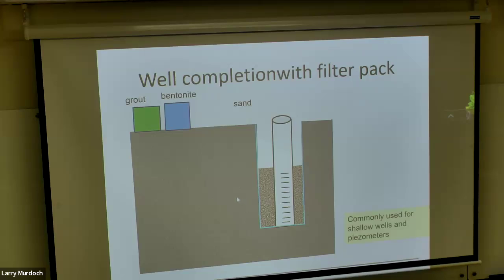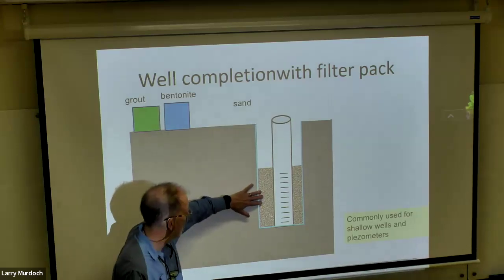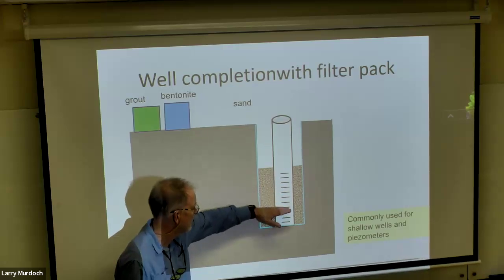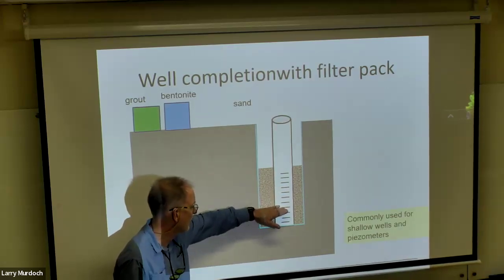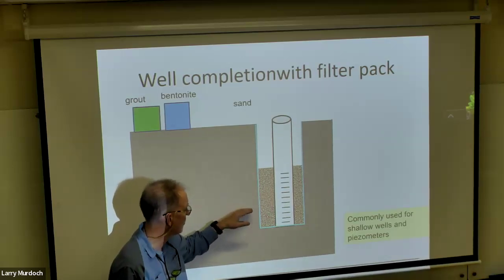So the sand will filter out the small particles that are mobile here, like clay particles, right? It'll filter those out. And then the slots in the screen are small enough so that they filter out the sand. It's kind of a two-step process.